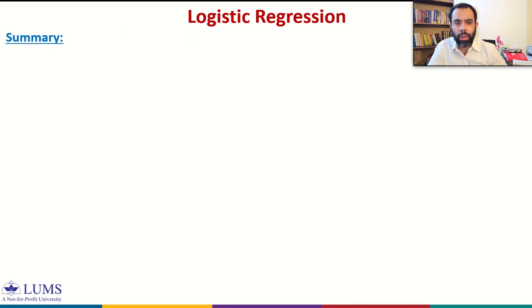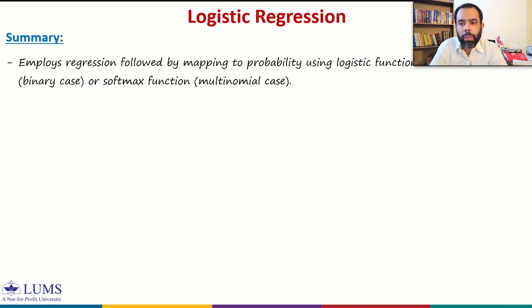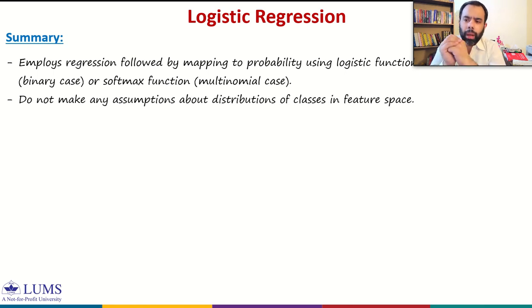If I summarize logistic regression, in both binary classification and multi-class classification, they use regression followed by mapping to probability space, using the logistic function for the binary case and the softmax function for the multinomial, multi-class case. In logistic regression we did not make any assumptions about the distribution of classes in feature space.